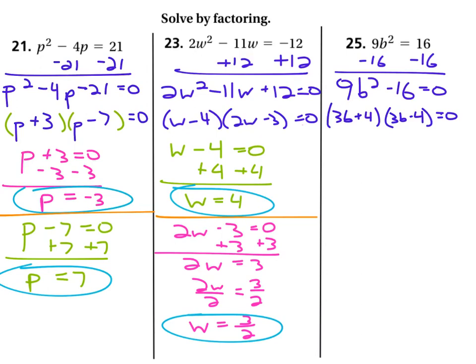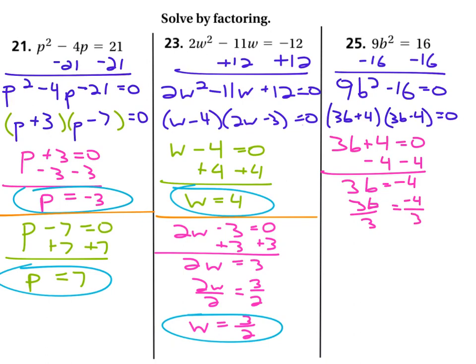So we just got to set these both equal to 0. So maybe it was 3b plus 4 that was equal to 0. And that would be b equals negative 4/3.